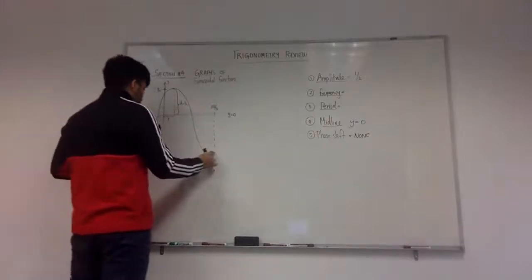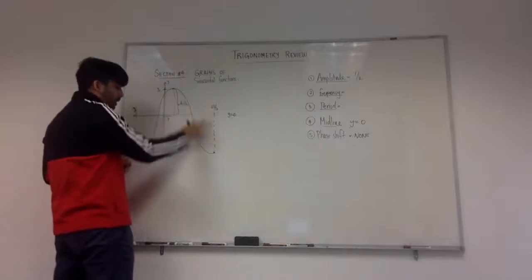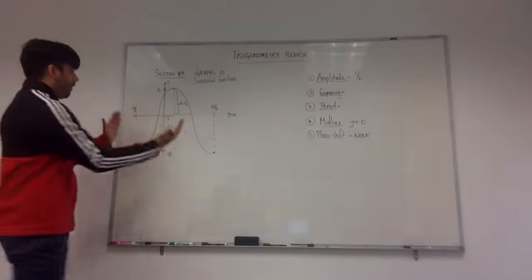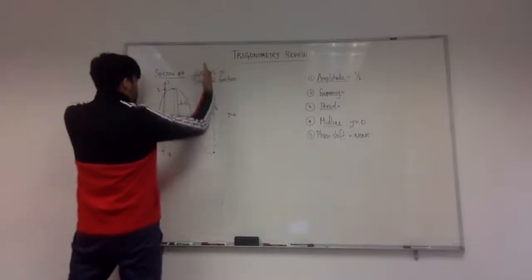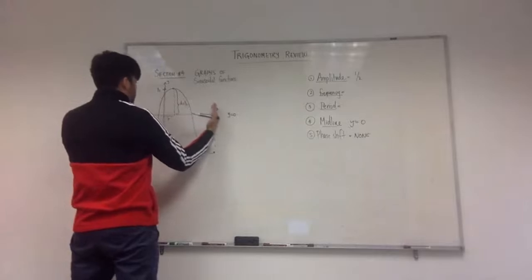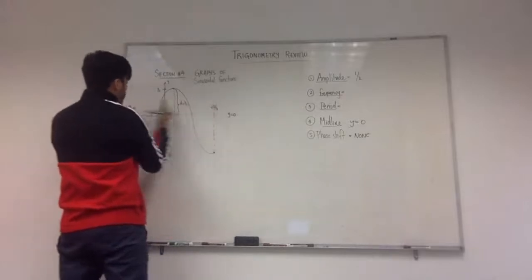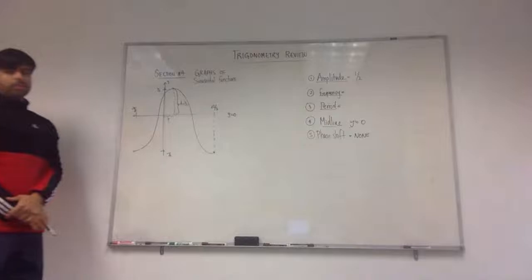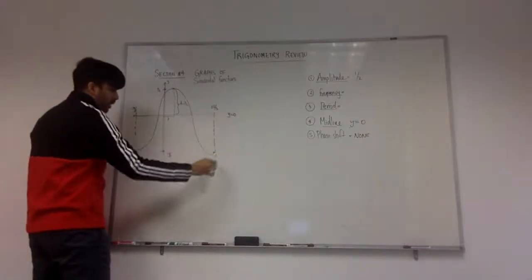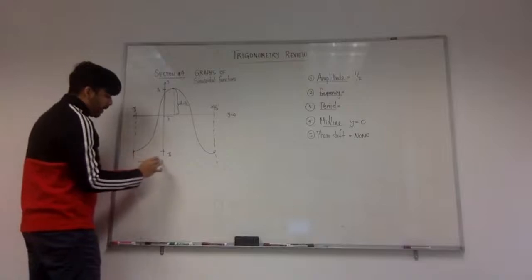Well, I see that I only have one full cosine curve. And I want to find what is this distance here. This is like a snapshot of the whole cosine curve that keeps on going. So what is this between here and here? How much is this? Because this difference represents my period.